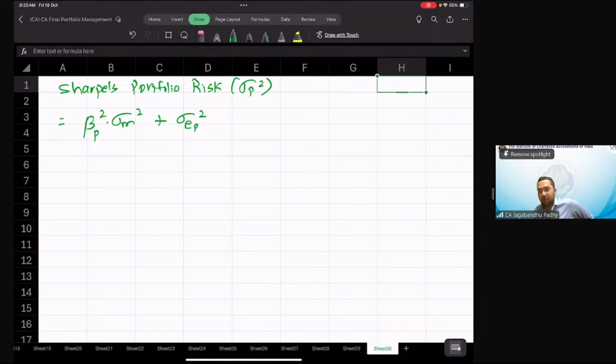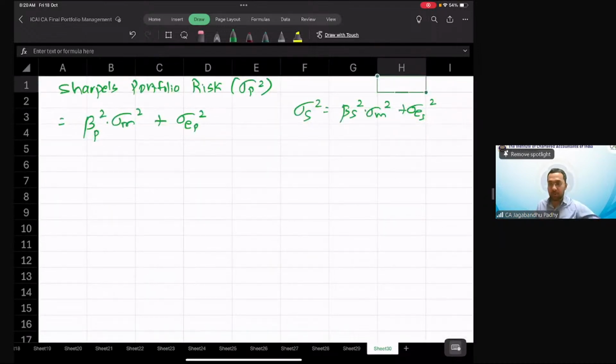What was applicable for a single security will be applicable even for a two security portfolio, right? The variance of a single security was equal to beta of that security square into variance of market plus variance of error term of that security. The same is applicable for the portfolio also.